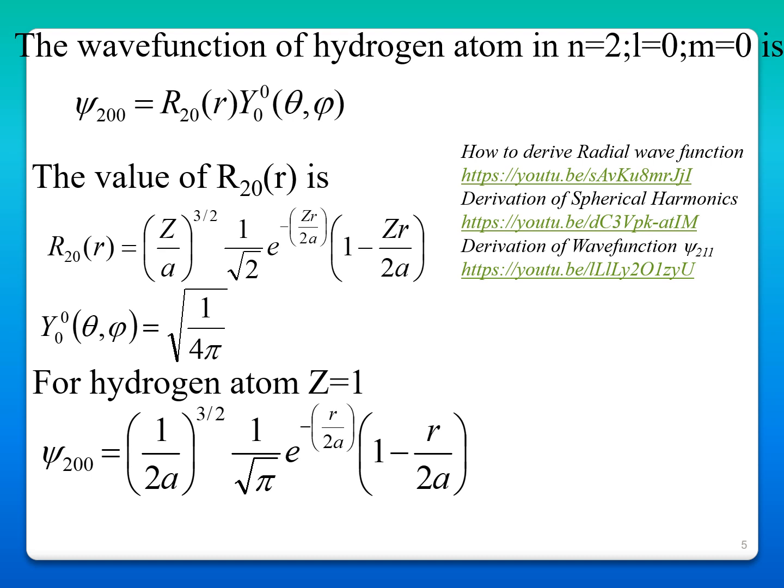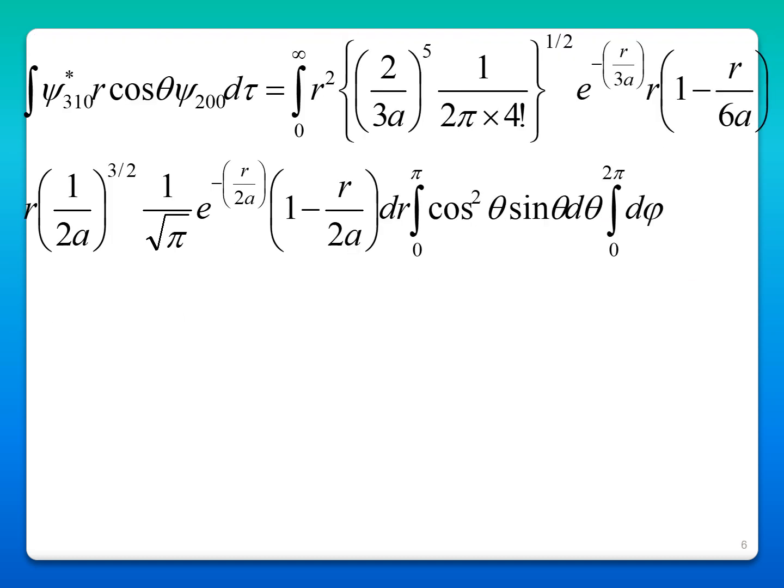Here we put Z equal to 1 for the hydrogen atom. So psi 200 is (1 by 2a) whole power 3 by 2 into 1 by square root of pi, e power minus r by 2a into (1 minus r by 2a). So you know the values of psi 310 and psi 200.